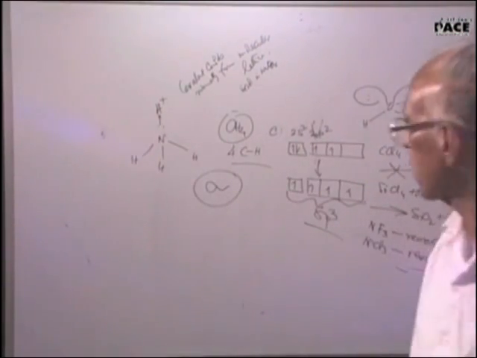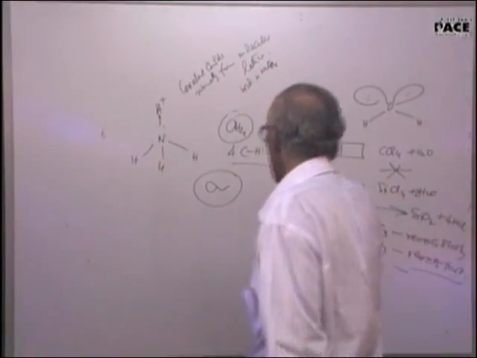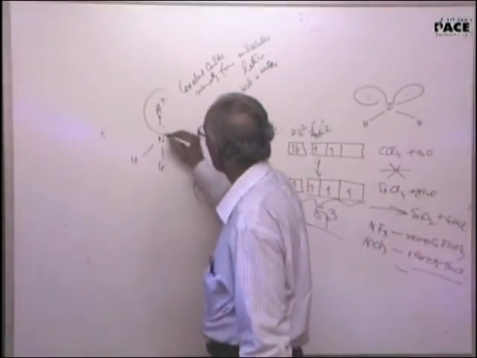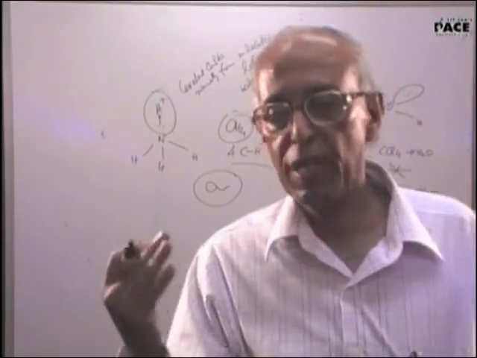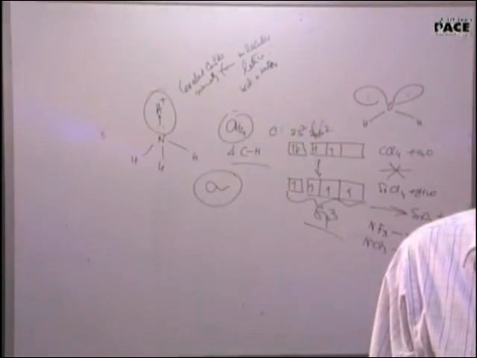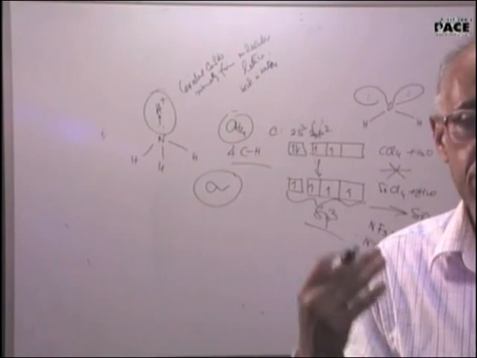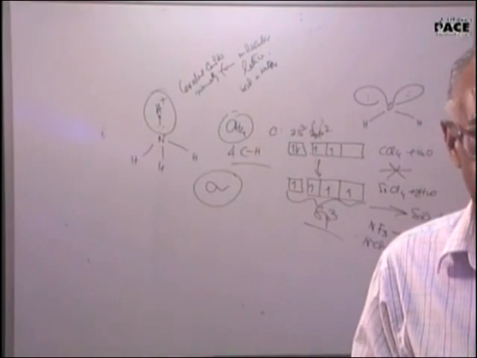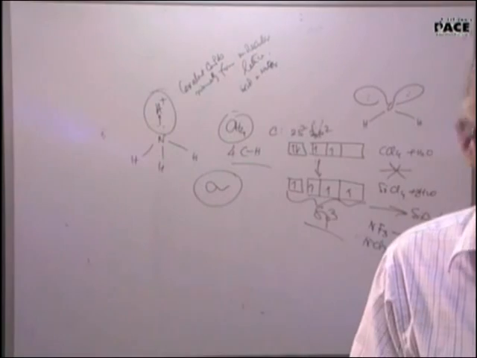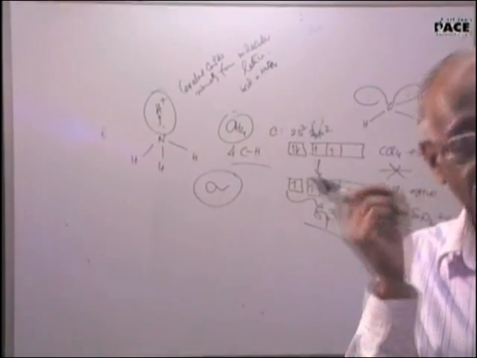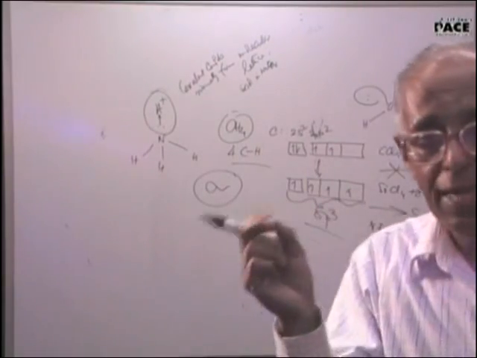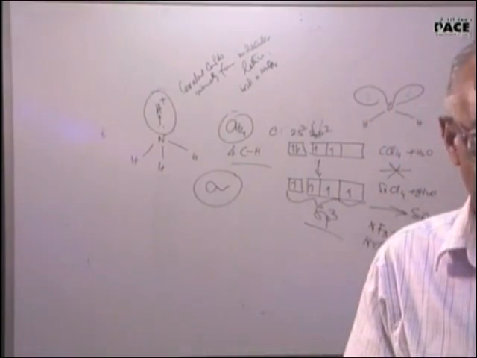But a coordinate bond requires that the donor should have at least a pair of electrons and the acceptor should have a vacant orbital in order to form a coordinate bond. Because if the orbital is already occupied with at least one electron, no orbital can accommodate more than 2 electrons.